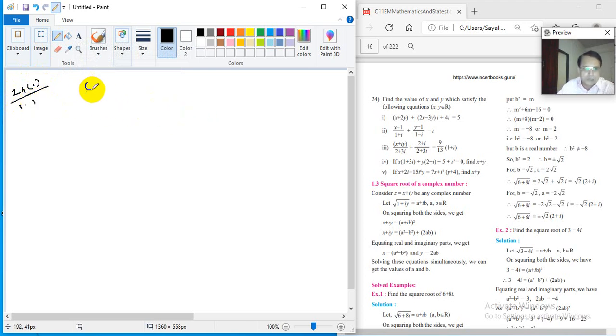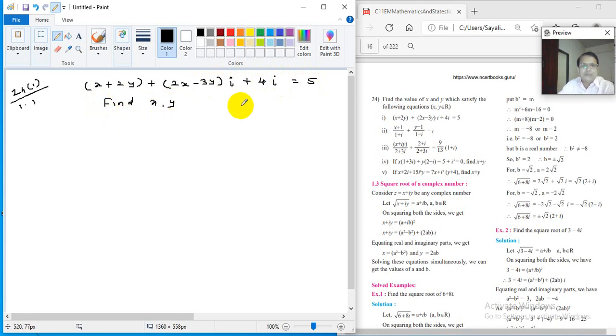See, x plus 2y plus (2x minus 3y) into i plus 4i is equal to 5. And what is asked? What are x and y? Find xy. This is the main problem.